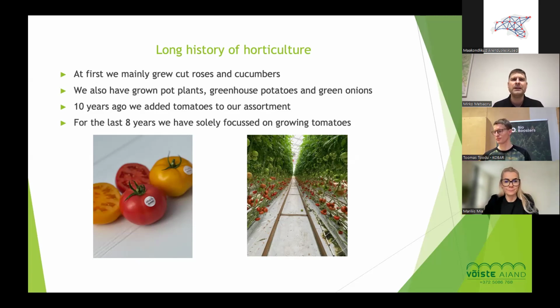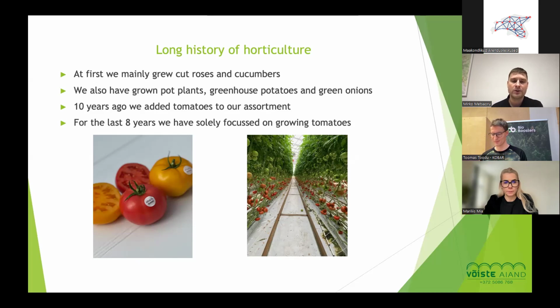We have been mainly growing beef tomatoes, over 100 gram tomatoes, in different varieties and different colors. And this is our main competitive advantage. We are growing yellow, pink, and red tomatoes, and you can mix them in salads. So this is our main thing that we are doing.